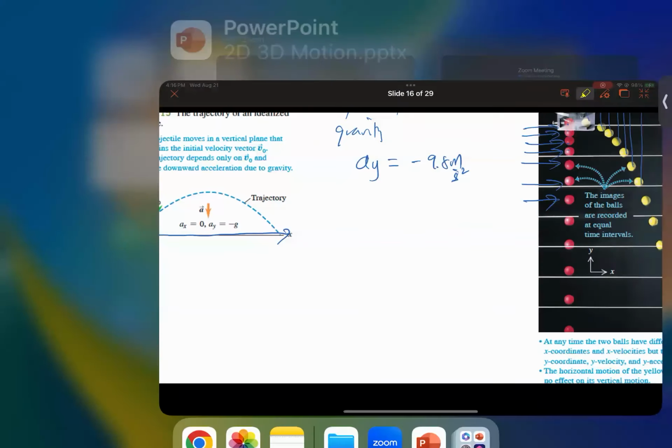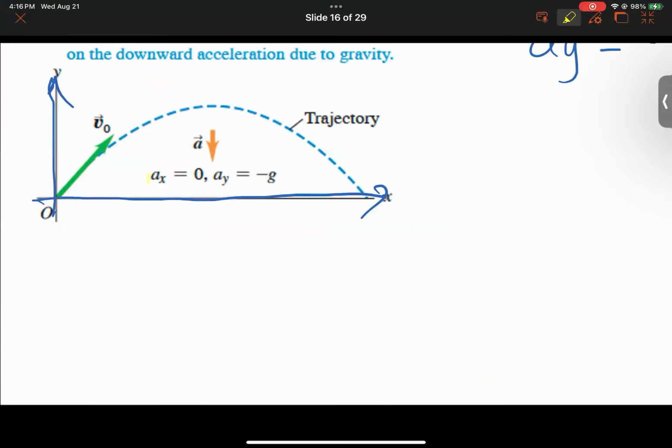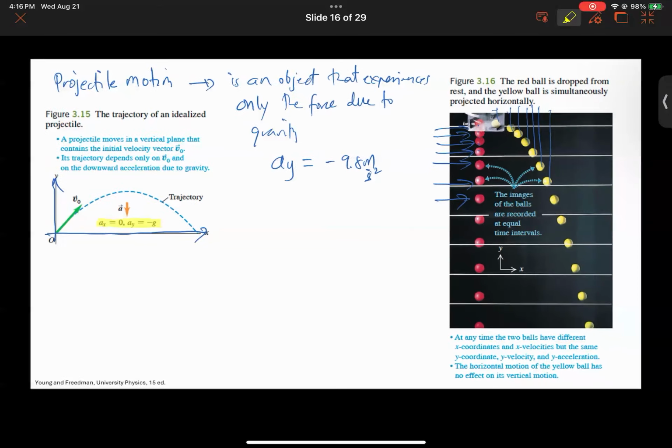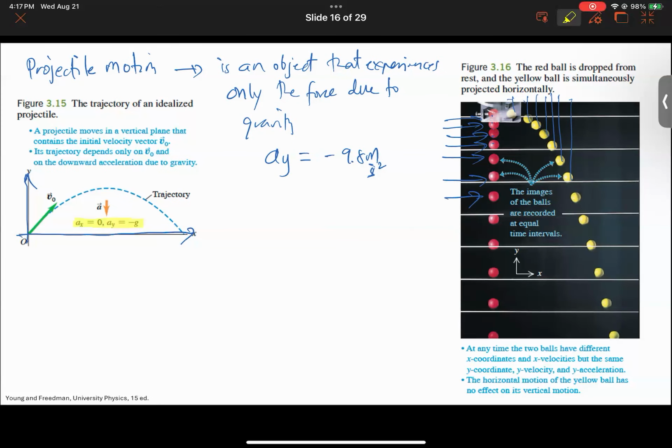So yan yung nakasulat dito ngayon. Okay? 0 yung acceleration along the x-axis and negative g yung acceleration along the y-axis. If an object experiences that type of acceleration, then you call the motion of that object as projectile motion. Now, yung trajectory ng object na yan is parabolic.